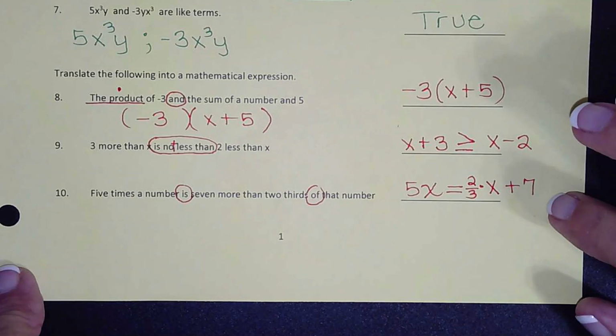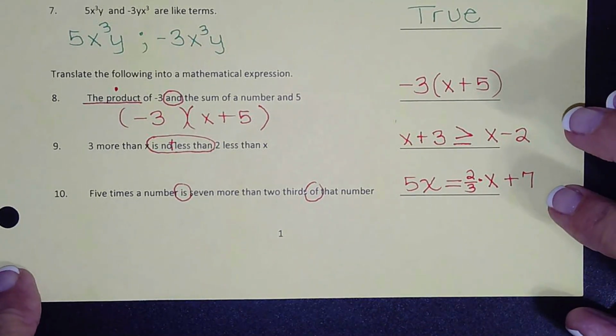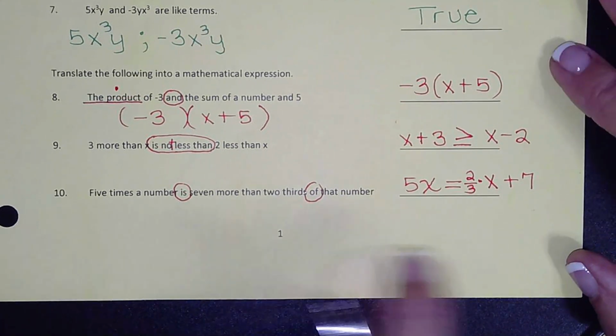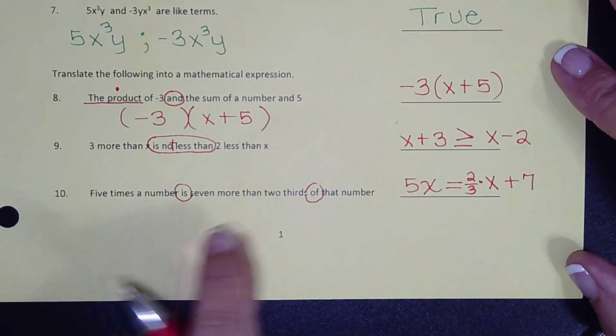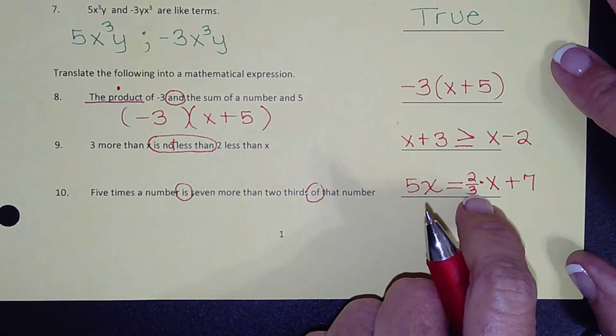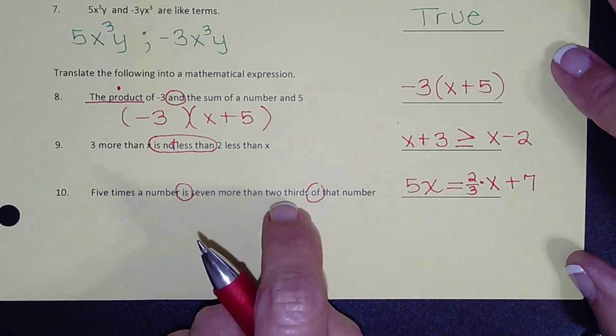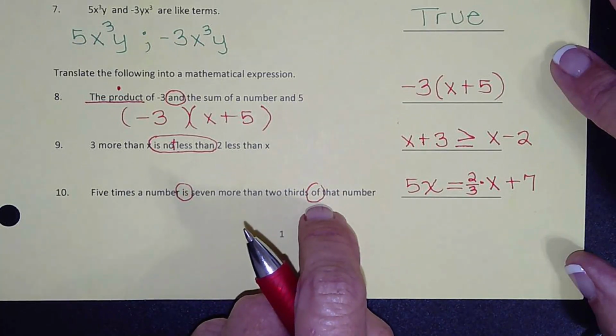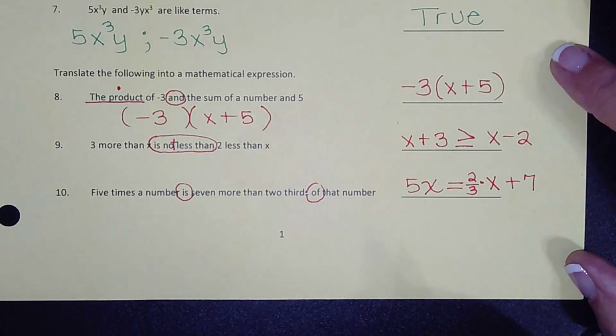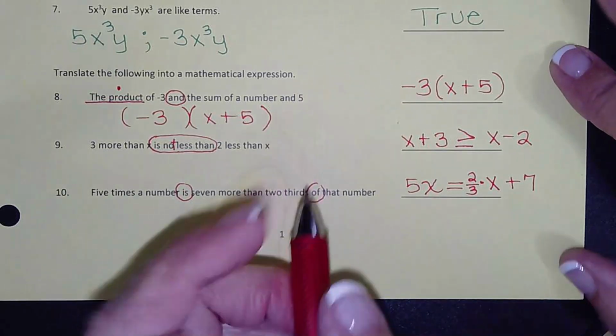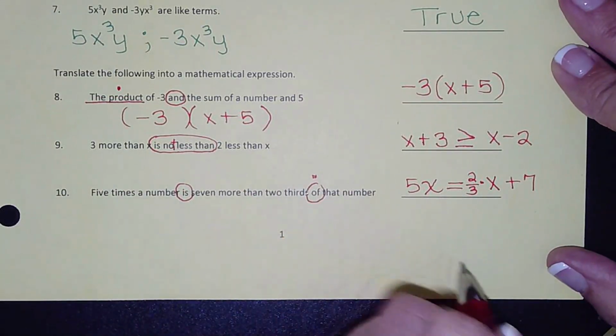So I think that exact one was on your practice test, or one very close to it. I remember having the 2/3 x. The biggest thing students do wrong on this on the test is they forget the x. But that means 2/3 times x, not just 2/3. So be careful with that. 2/3 times n.